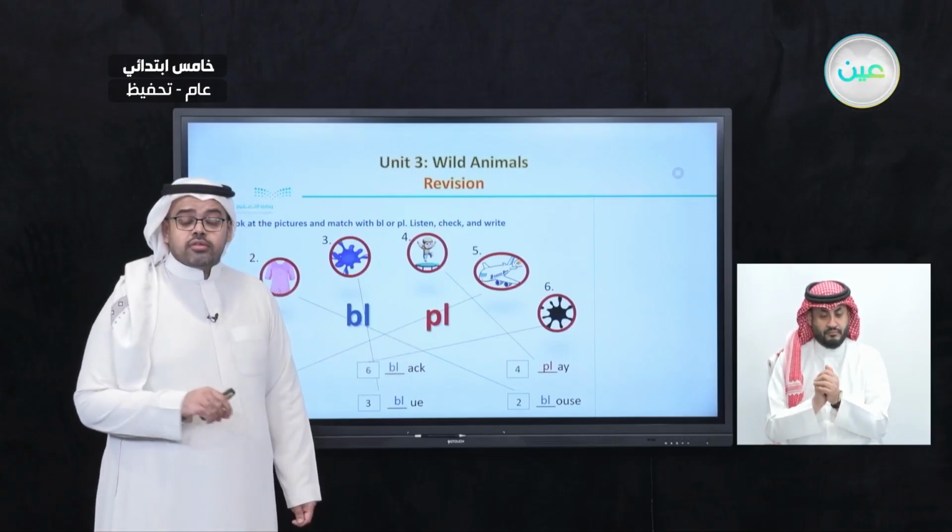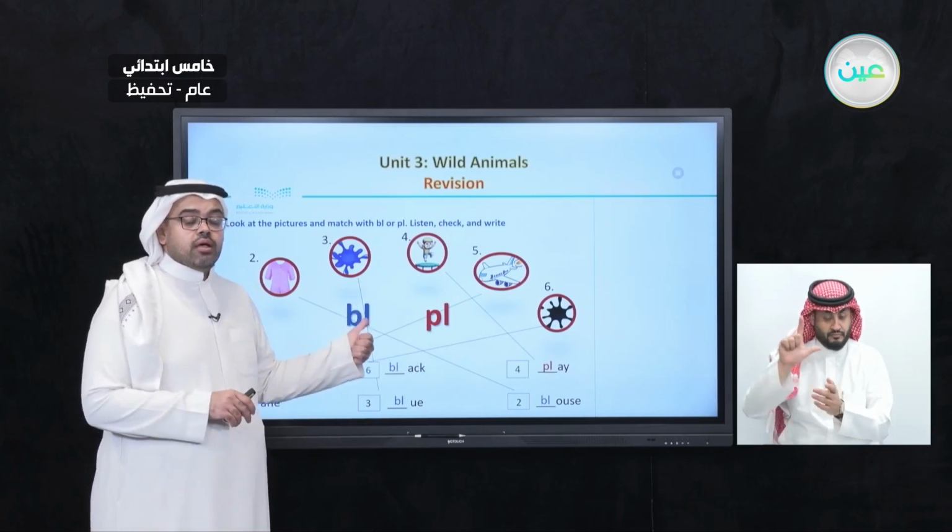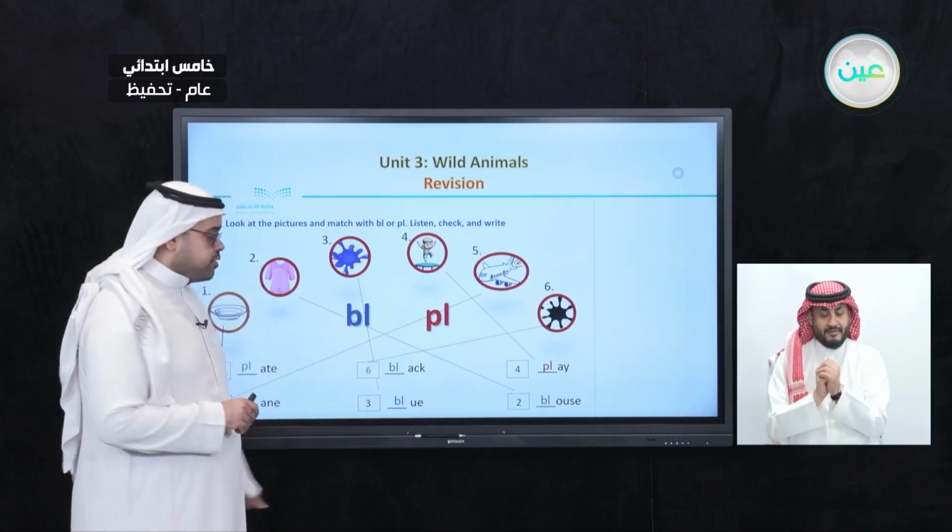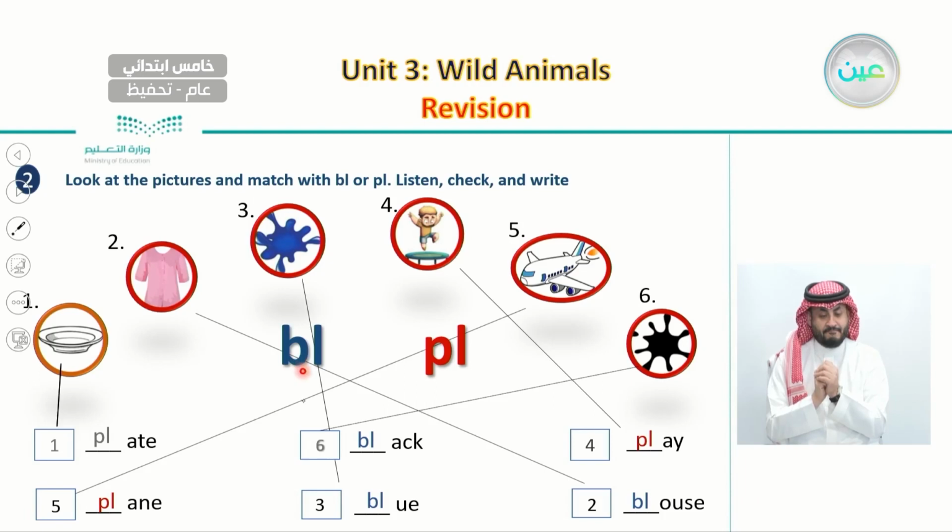Now let's practice words with BL sounds. Let's listen. BL words are black, black. Say it with me. Black. And blue, blue. Say it with me. Blue.